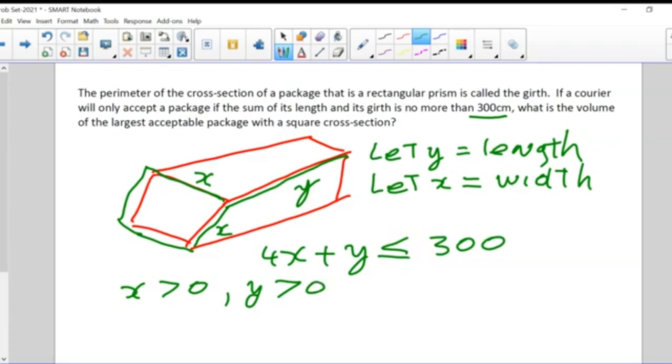But we also know that we can rearrange this. Let's write that down. That y must be less than or equal to 300 minus 4x, right? That's also true. And that this thing, 300 minus 4x, must also be greater than 0, right? This value of y must be greater than 0.